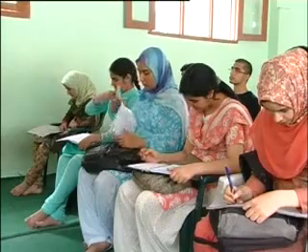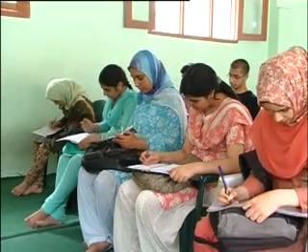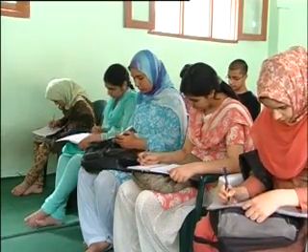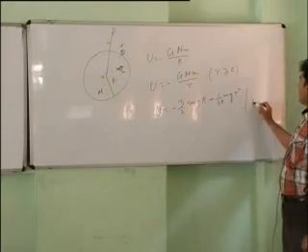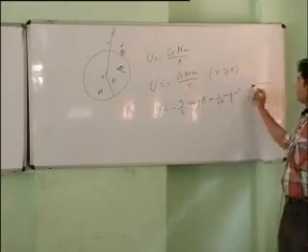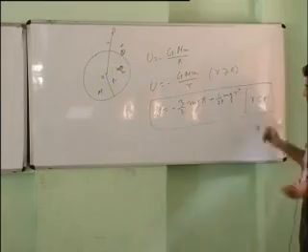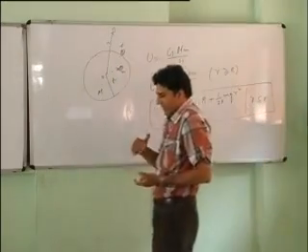Here I should write capital R. So this is the formula for potential energy anywhere inside the earth, where r is less than or equal to capital R. This is the potential energy of an object which is placed anywhere inside the earth.